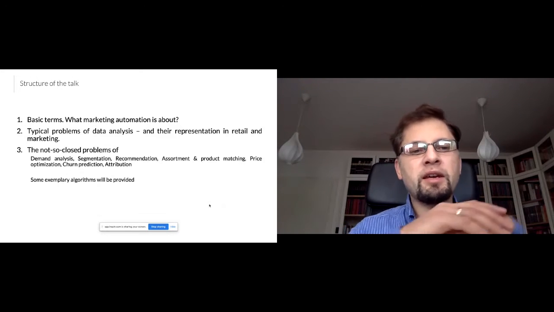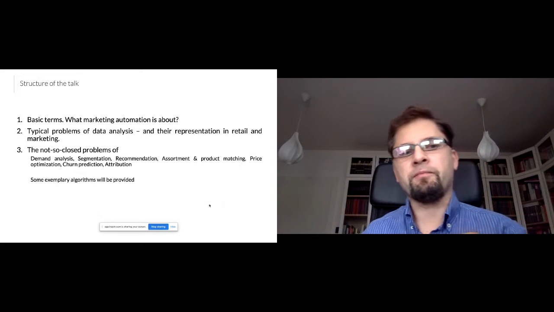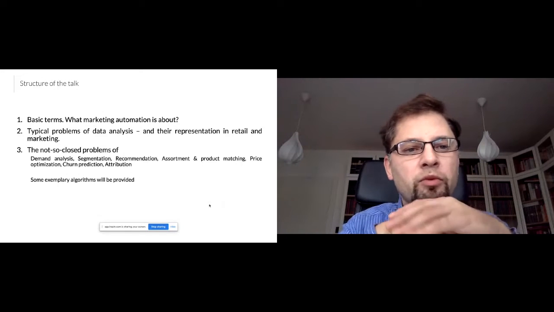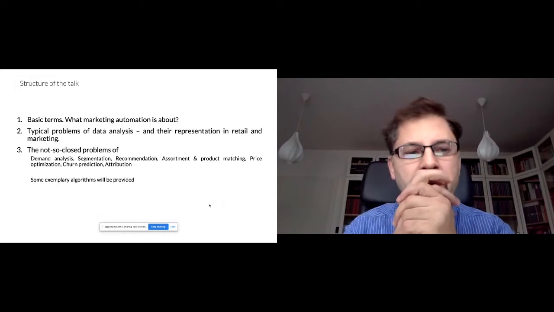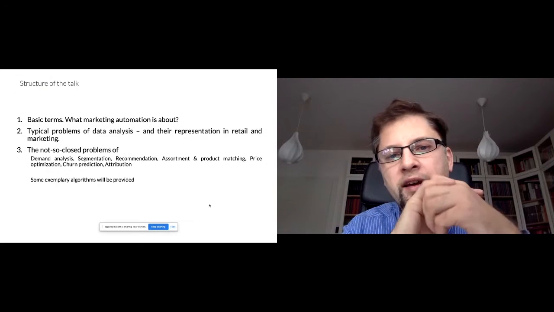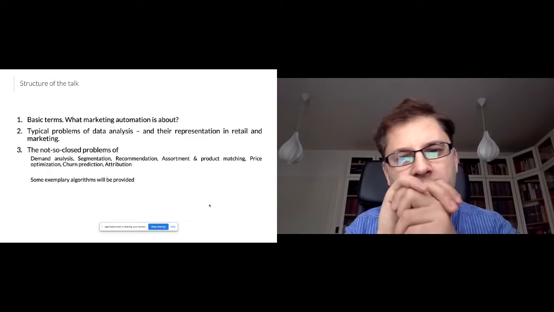So coming back to the scope of our talk. First, I will start with these basic terms, what marketing automation is about, and I will also talk about typical problems of data science and how they represent themselves in retail and marketing.